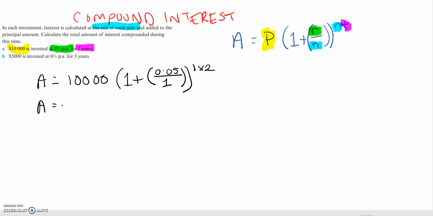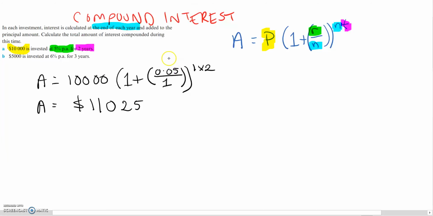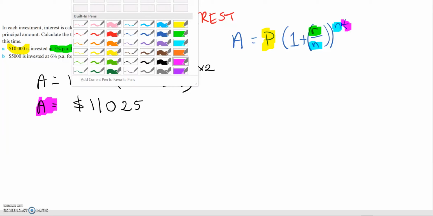On the phone, it generally looks like x to the power of y, 1 times 2. And that gives us 11,025.